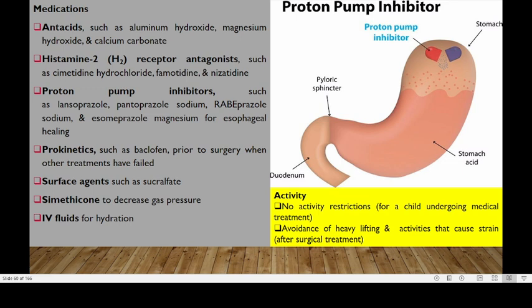We also use prokinetics such as baclofen prior to surgery when other treatments have failed. We also have surface agents such as sucralfate, and simethicone to decrease gas pressure, and IV fluids for hydration.